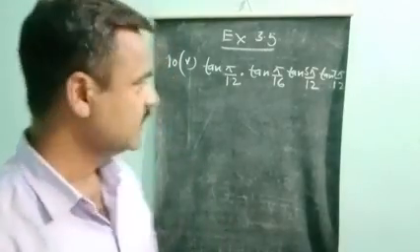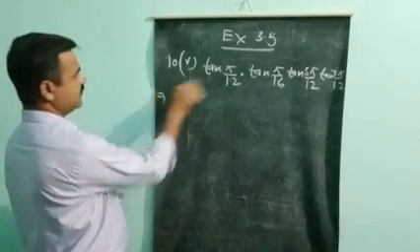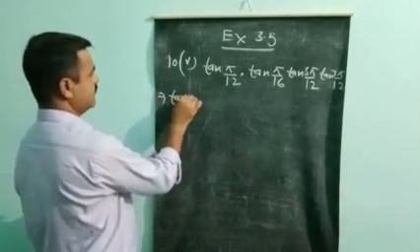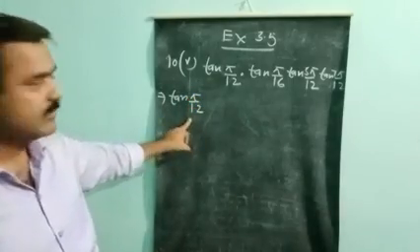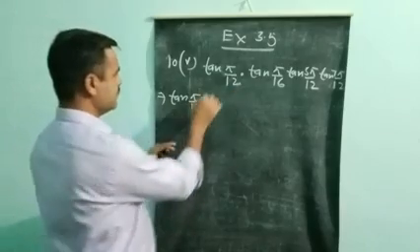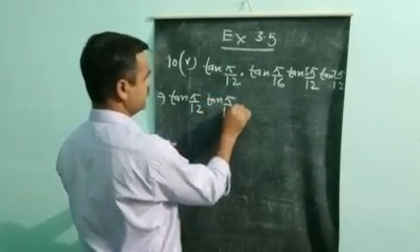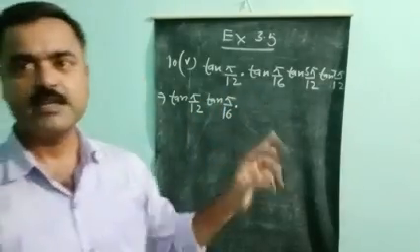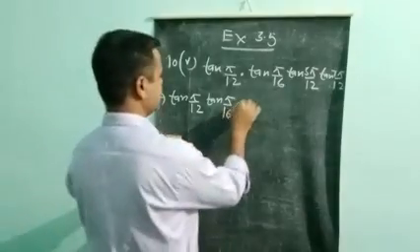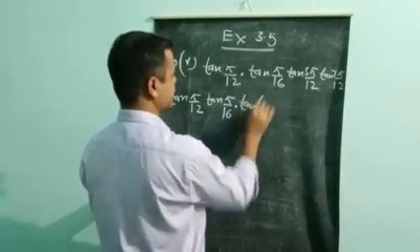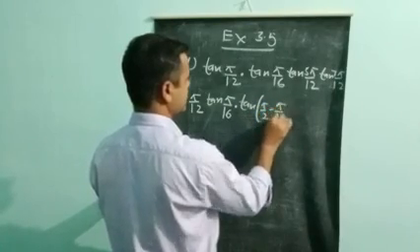Okay, you see here, this is tan pi by 12, and this is tan pi by 16. Now 5 pi by 12 can be written as tan of pi by 2 minus pi by 12.